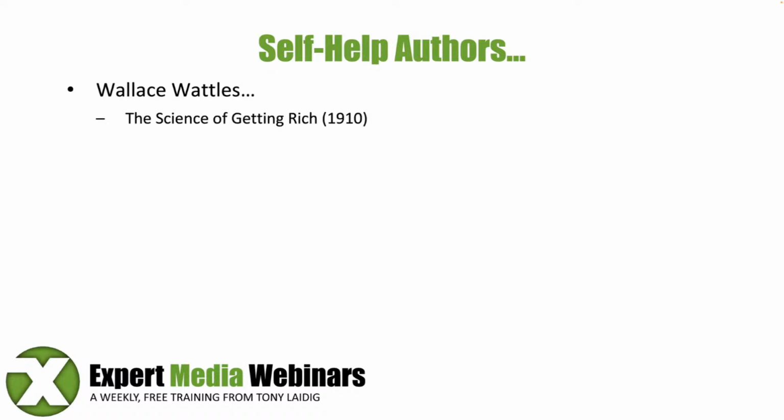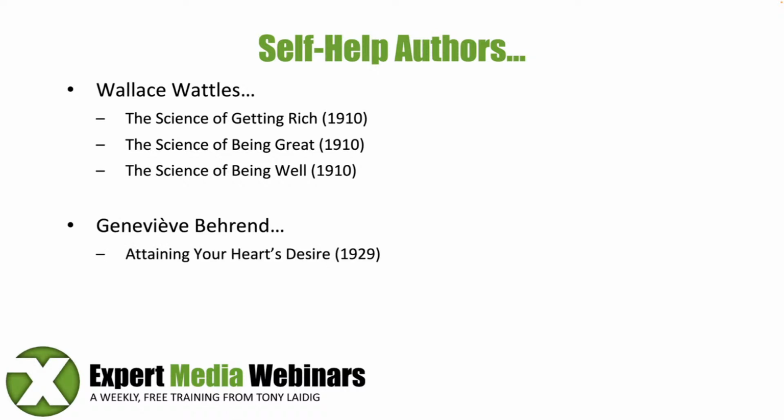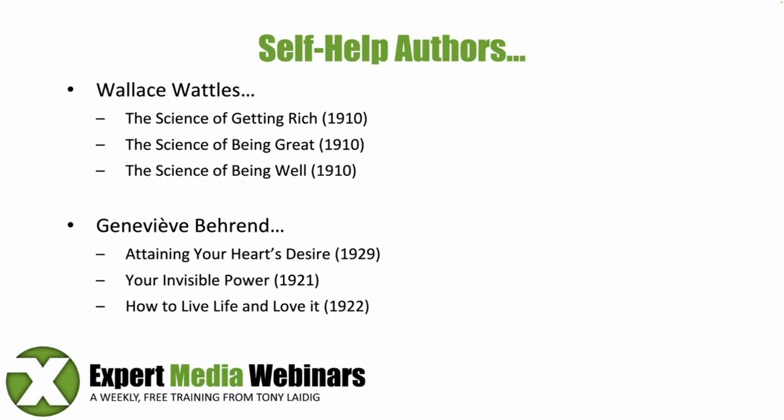Wallace Wattles is another one, very popular writer. Science of Getting Rich is huge as a book. Science of Being Great, Science of Being Well. Genevieve Behrend: Attaining Your Heart's Desire, Your Invisible Power, another great book. How to Live Life and Love It.